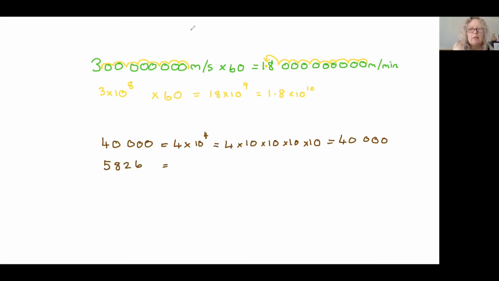So you start at the end, count back 1, 2, 3 till we get to the first number, and the answer is 5.826 times 10 to the power of, we moved the decimal point 3 places. 2,700, we could write, let's start with our digits, 2.7 times 10 to the power of 1, 2, 3.